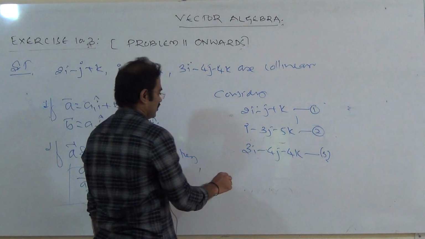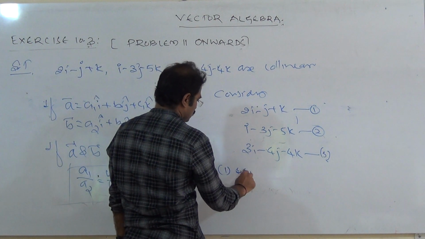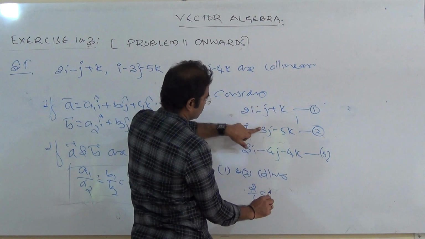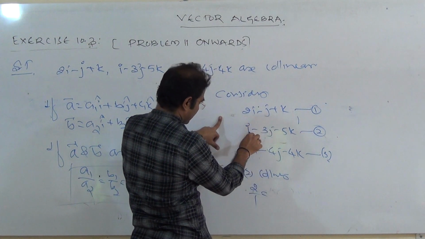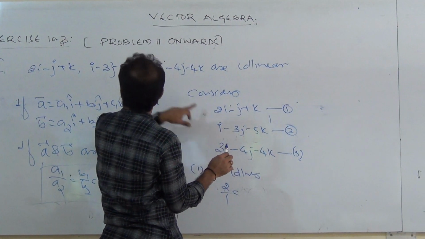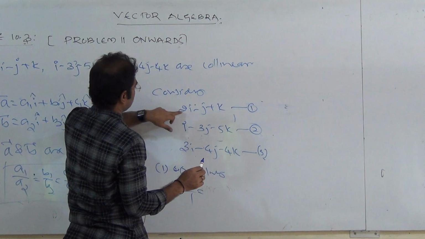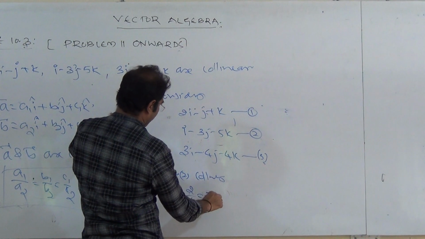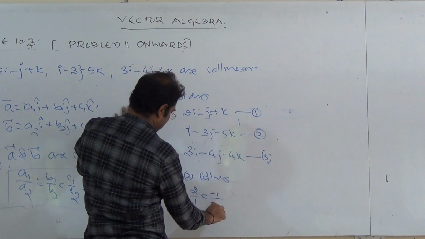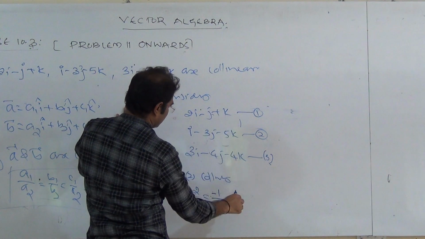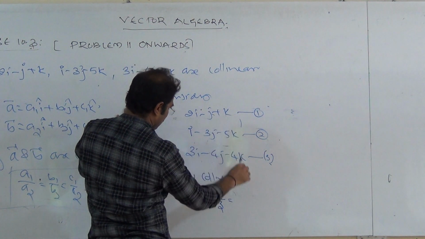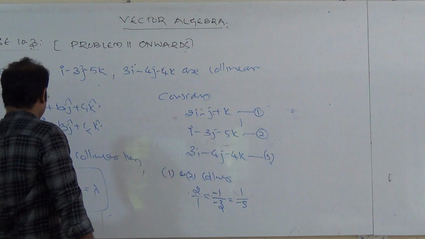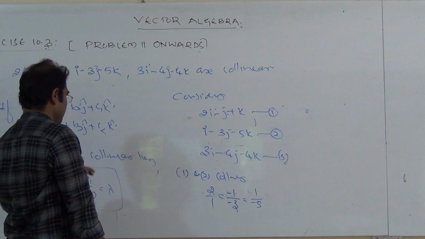Now I take 1 and 2 collinear, then 2 divided by 1, minus 1 divided by minus 3, then 1 divided by minus 5. If two vectors are collinear, then this is the condition.